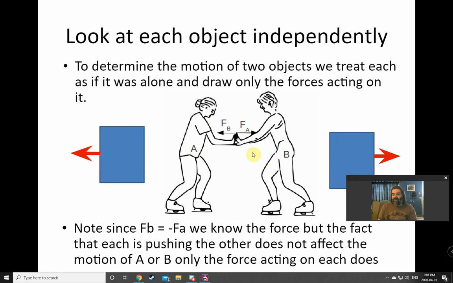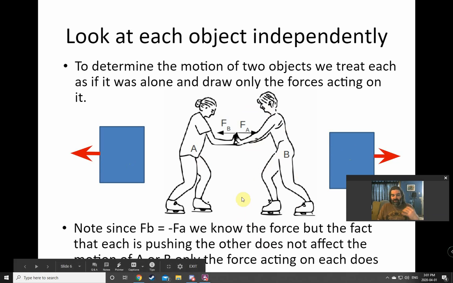In fact, you can't actually tell who did the push because it will always be exactly the same. If person A pushes on person B with 10 newtons, you'll get 10 newtons back on A, 10 newtons forward on B. If person B pushes on person A with 10 newtons, you'll get 10 newtons in that direction on A, 10 newtons in that direction on B.